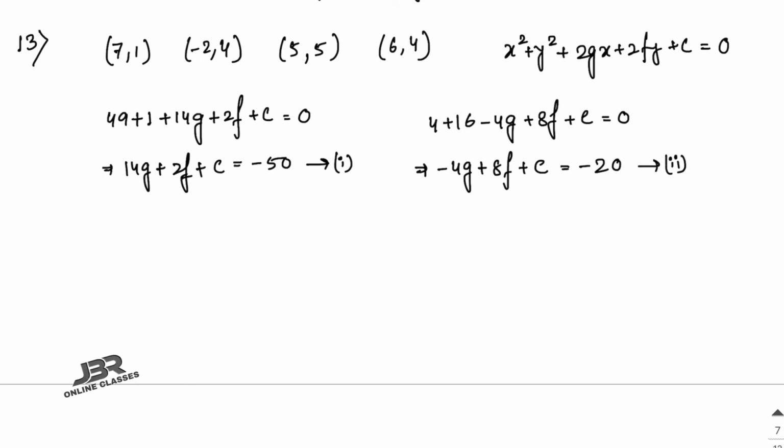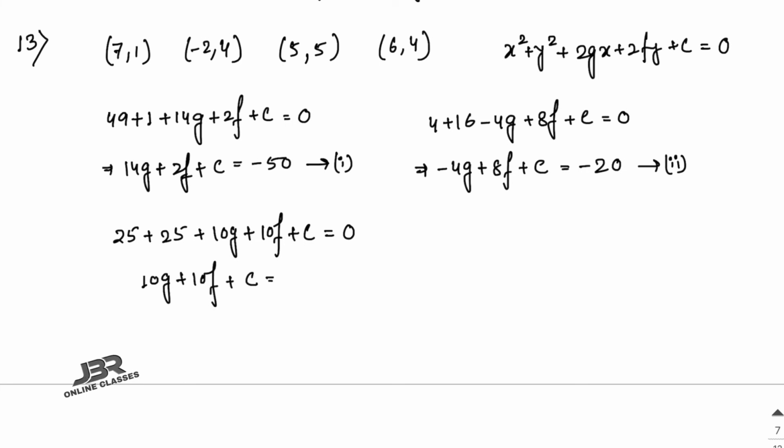Now next, 5, 5. It will be 25, then again 25, then 10g, then 10f plus c equal to 0. So 10g plus 10f plus c equals minus 50. That is equation number 3.